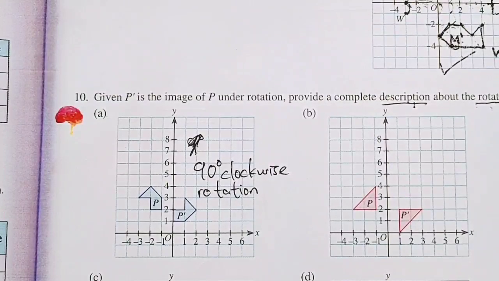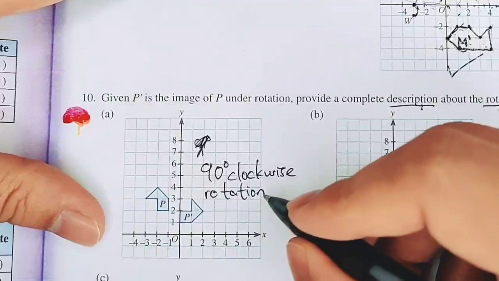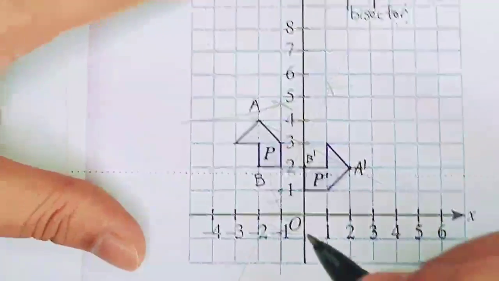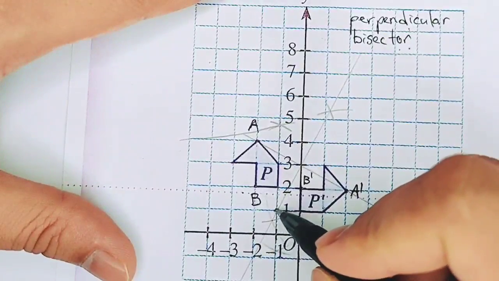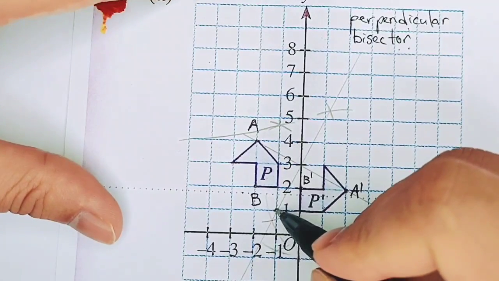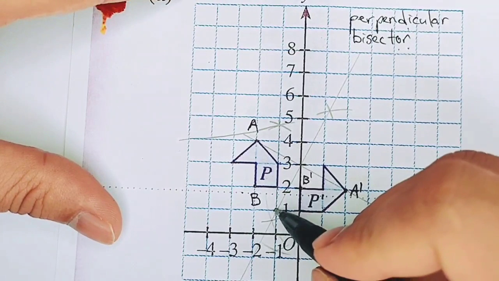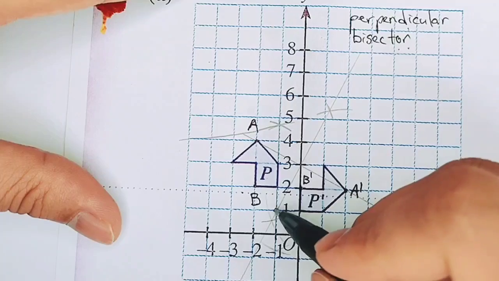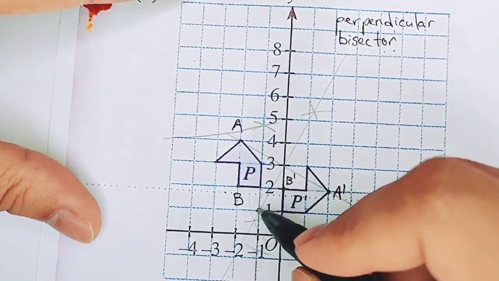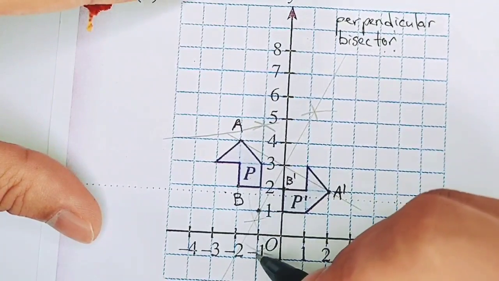And what is the coordinate for the center? We need to state the coordinate too, for the center. Okay, this is the center of the rotation, and give me the reading of the coordinate.